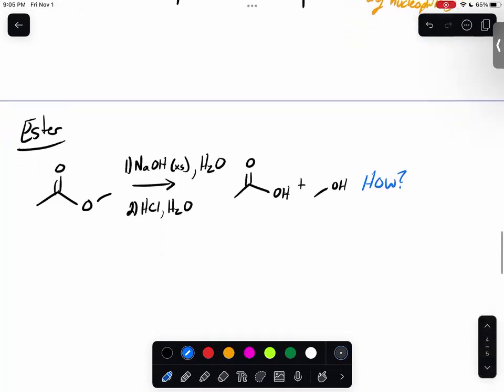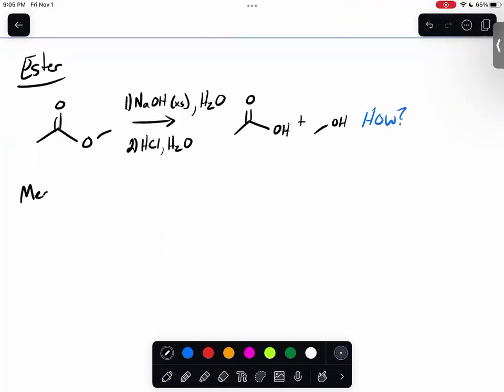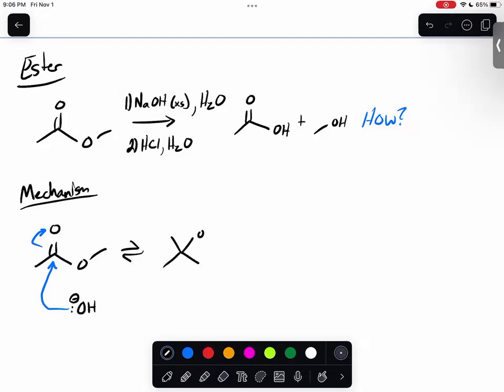Well, if we take a look at the mechanism, it's going to become slightly clearer, right? First step that we're going to see is the same as what we saw with the acyl halide. The hydroxide can add in and push those electrons up to the carbonyl oxygen. So remember that this is just that resonance and addition shown in a single step. That's going to give us our attachment to the OH. And now we have the negatively charged oxygen on that side.